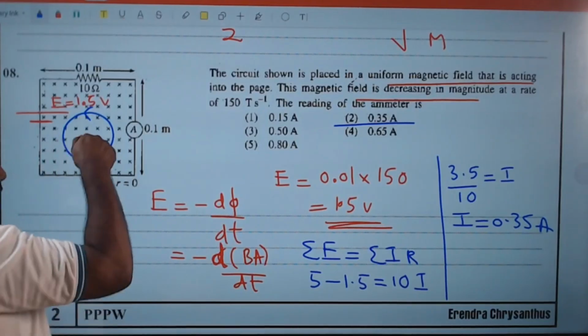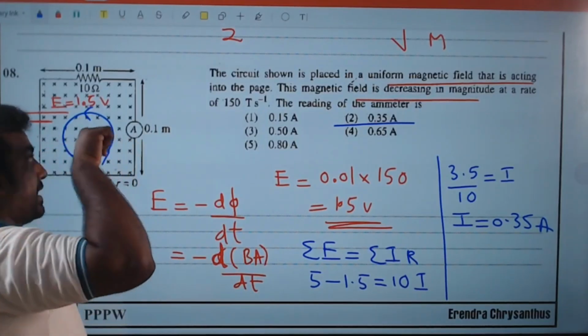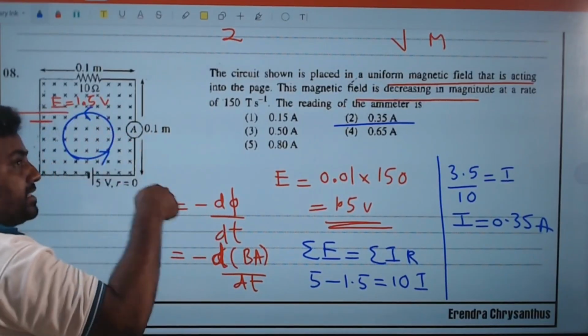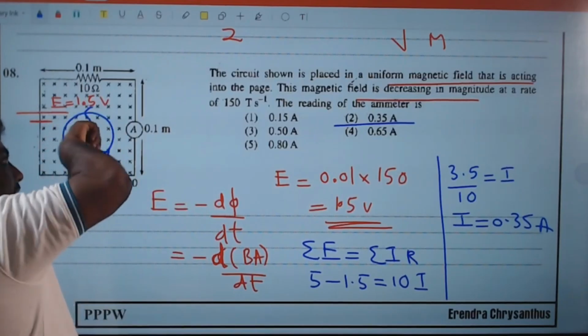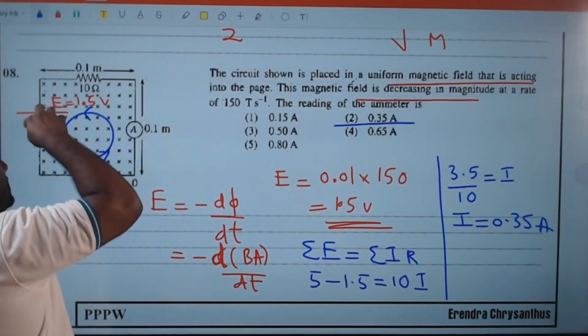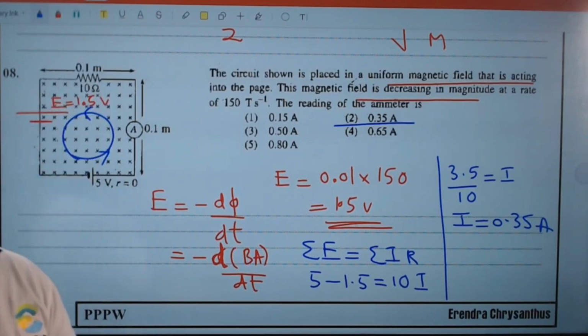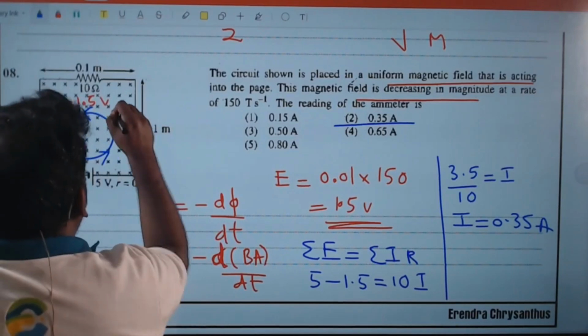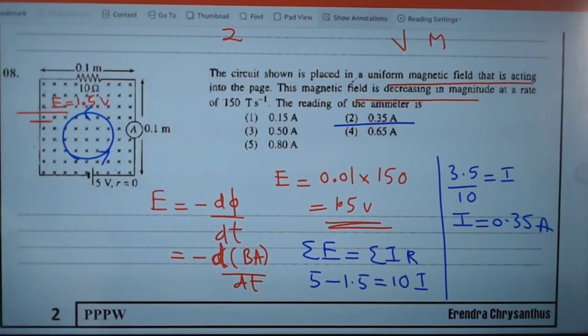So flux is reducing, the field is reducing. The induced current must oppose the change, so it must increase it. Minus means oppose, increase it. Increase it means the induced current will go that way, with the positive and negative terminal here. Since the field is decreasing inwards, we must increase the field traveling inwards to oppose the change.